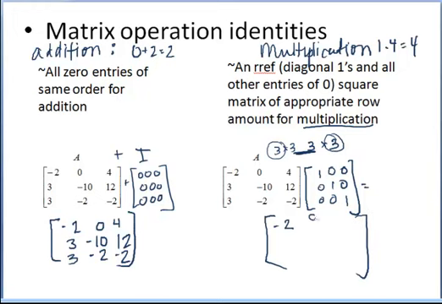And then for C1,2, in row 1, column 2, we take row 1 times column 2, and you're going to get negative 2 times 0, so that wipes out. 0 times 1 wipes out. 4 times 0, we're going to get a 0. And then finally C1,3 is when you take row 1 times column 3. We're going to take negative 2 times 0, 0 times 0, so those wipe out. 4 times 1. So what you can see is we're getting the same exact thing that we started with.